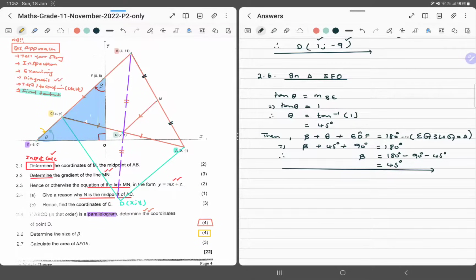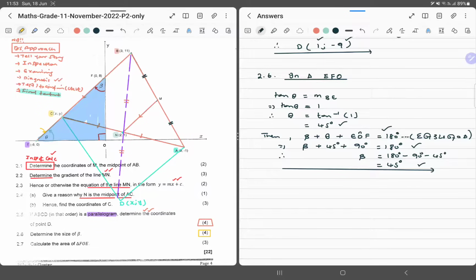What is important is working out this angle. This statement and its reason is important. This substitution into a particular formula is important, and that answer. The rest is history.